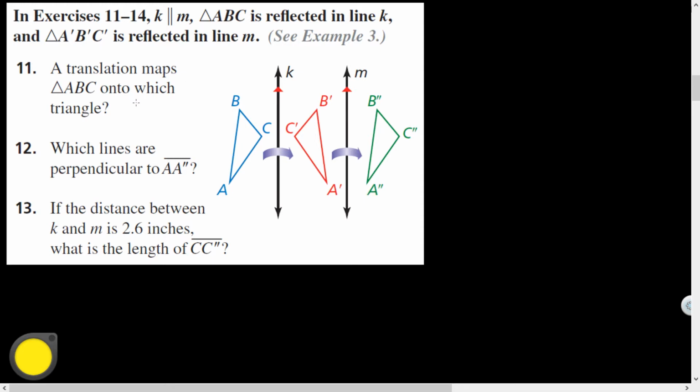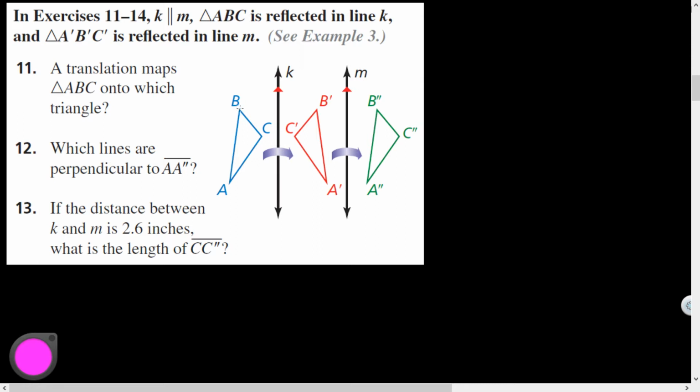Let's see, here's question 11. It says, triangle ABC is reflected in line K, and triangle A prime, B prime, C prime is reflected in line M. Those lines are parallel, by the way. A translation maps triangle ABC onto which triangle?